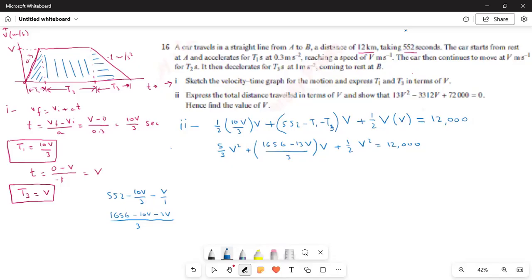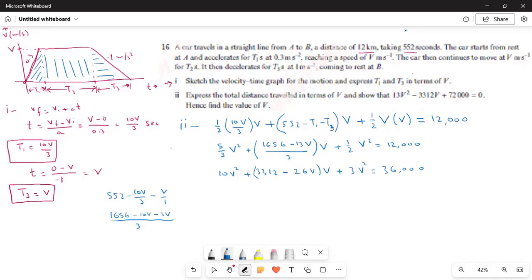So it will become 10v squared plus 2 times 1656, which is 3312, minus 26v, and this all multiplies with v, plus 3v squared, equal to 36,000.